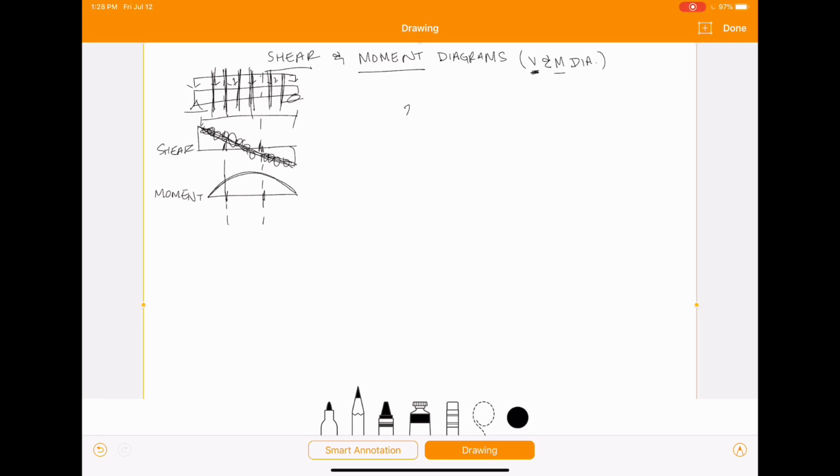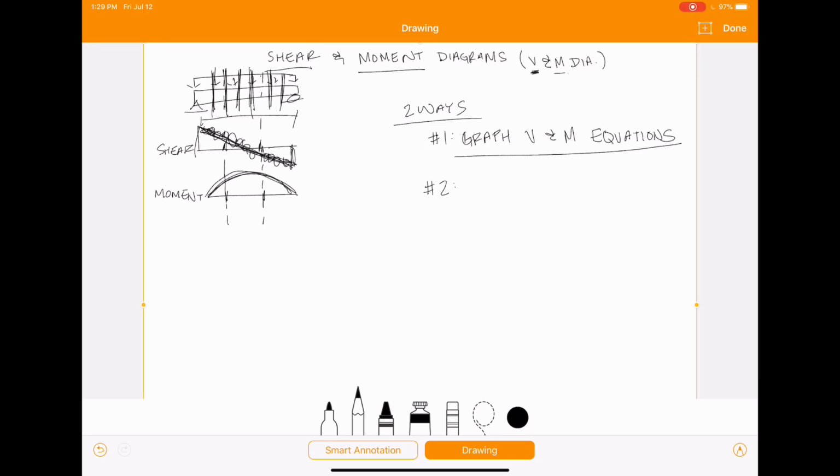So there are two different ways you can draw a shear and moment diagram. The first way is to graph shear and moment equations. You can develop equations for these different graphs and then just graph those lines.